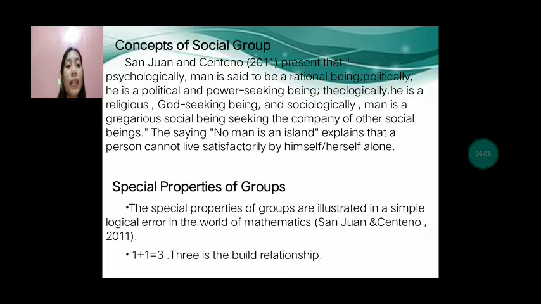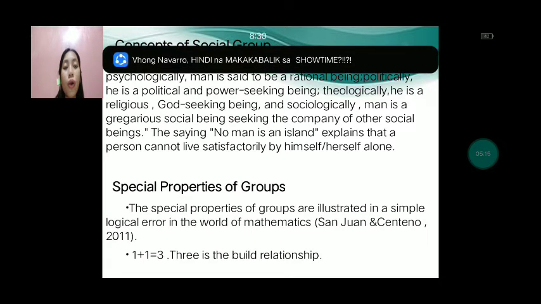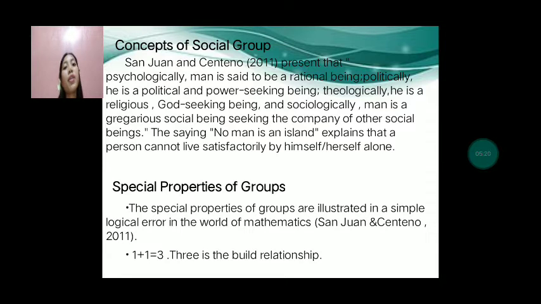So, special properties of groups. The special properties of groups are illustrated in a simple logical error in the world of mathematics, according to San Juan and Centeno, 2011. Now, why is 1 plus 1 equal to 3? Let us say 1 is a couple, a girl and a boy. Romantically, when a girl and a boy merge with each other, 1 plus 1 is equal to 3.